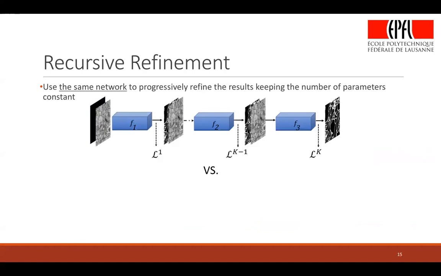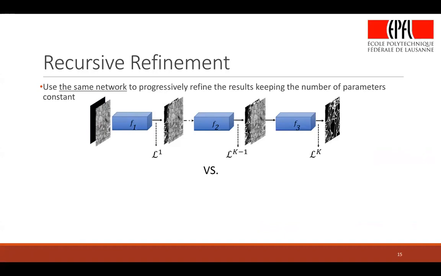Another improvement that we added to our segmentation process was recursive refinement. This is not a new idea. Usually it is done by stacking a few networks on top of each other, where every next network improves the prediction of the previous network, and we feed an image and the previous prediction to the next module.